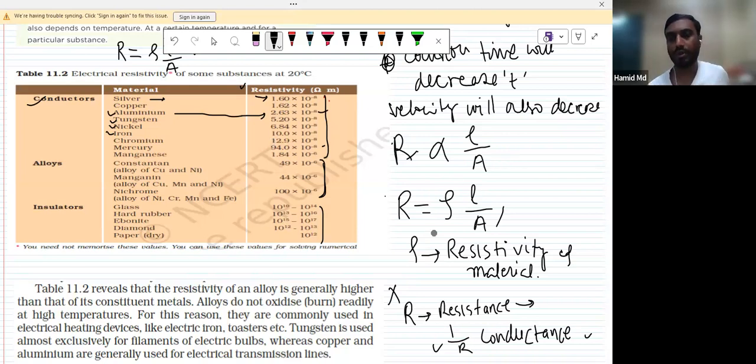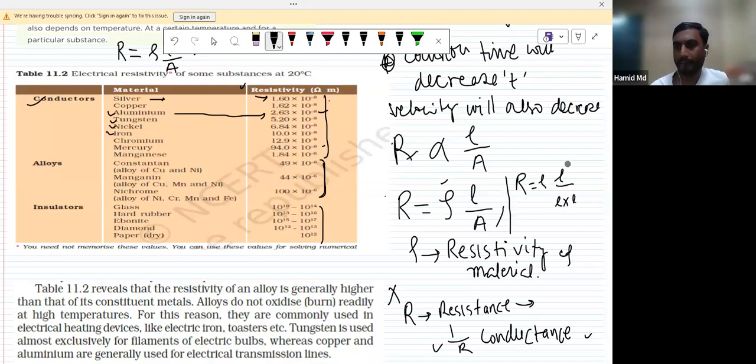One more thing. We didn't discuss the unit of this rho. How will we do that? We will keep rho on one side. Again, I am writing R = ρL/A. Area will be L into L, right?